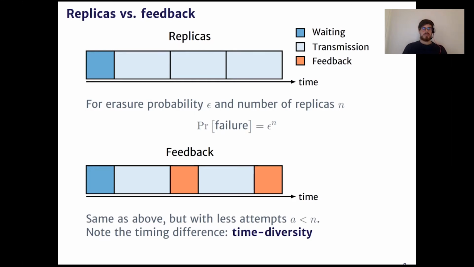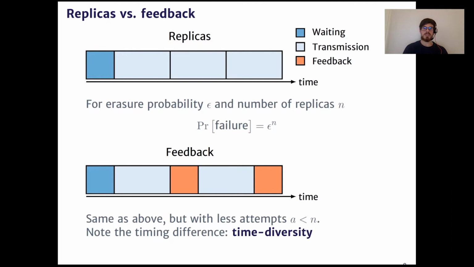On the other hand, for feedback, we have the same waiting time. We have a transmission from the guy to the girl. And then we have the option to add some feedback. This will usually be shorter, transmitted over a channel. Normally, this is assumed to be perfect and to have a separate channel. But for URLLC, well, we have to be realistic about it, right? So we have this in time here. Of course, the feedback cannot come before the transmission is finished.